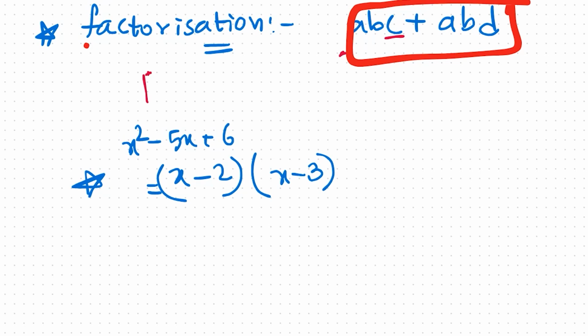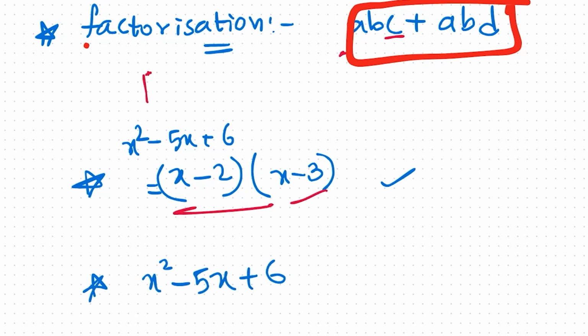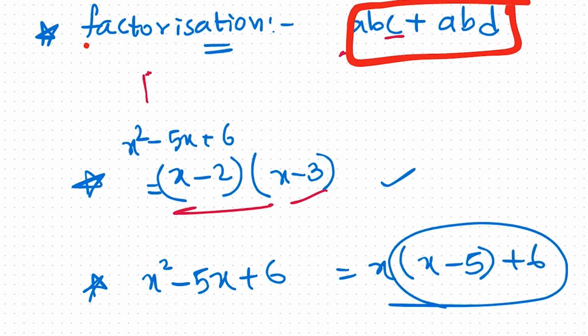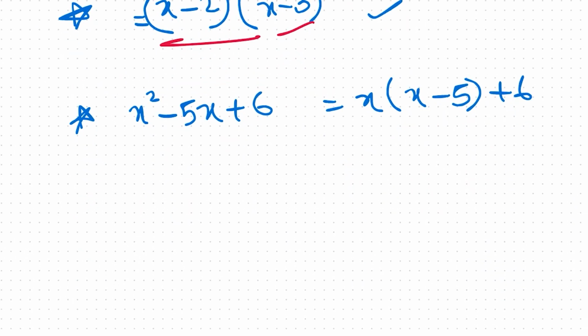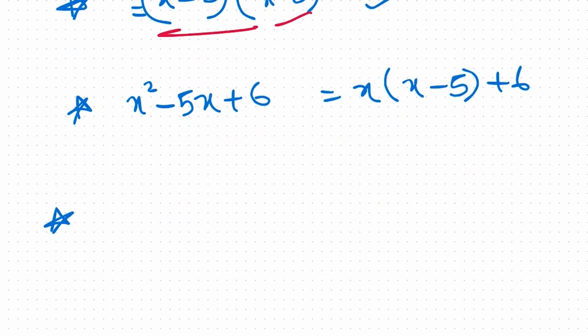Is this factorized? Yes. If I write x squared minus 5x plus 6 as x into x minus 5 plus 6, is this factorized? You know very well. So let's try one other question for factorization.